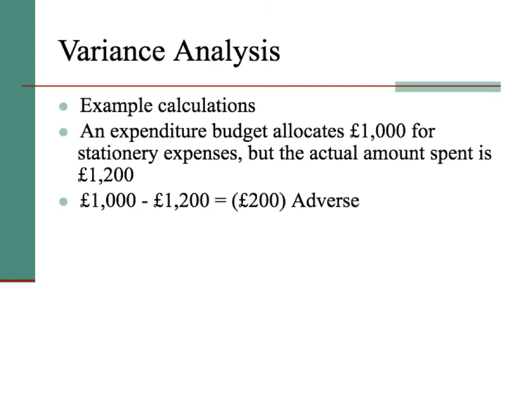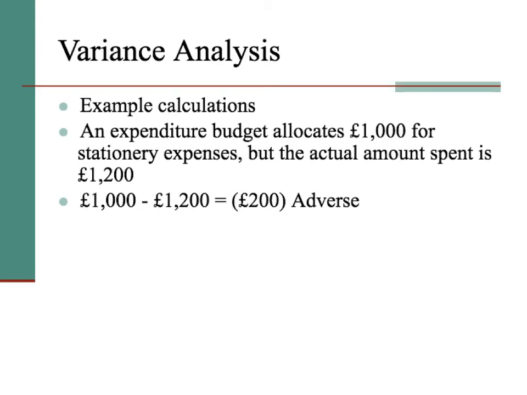So the calculation I said was you should compare what you budgeted with and the actual amount. So we budgeted £1,000, and we actually spent £1,200. So that was £200 that we spent more than what our budgeted amount is.